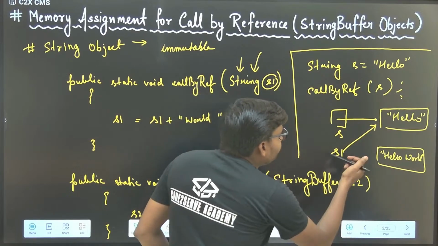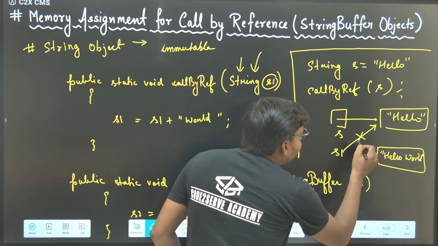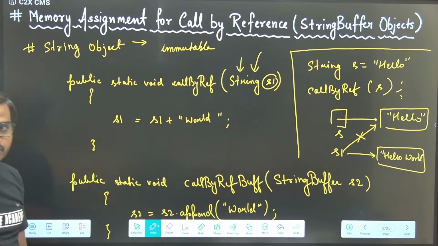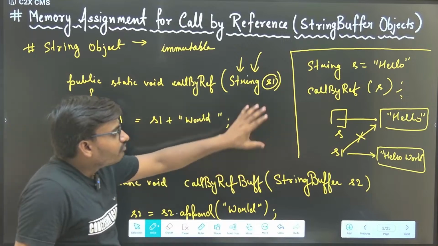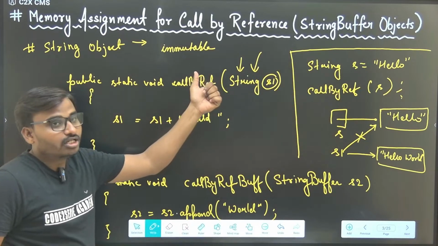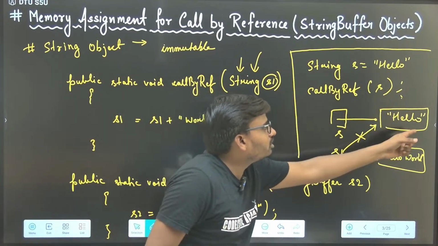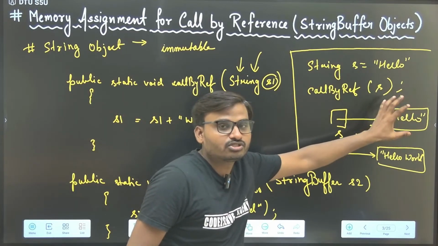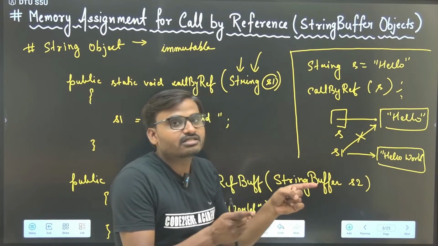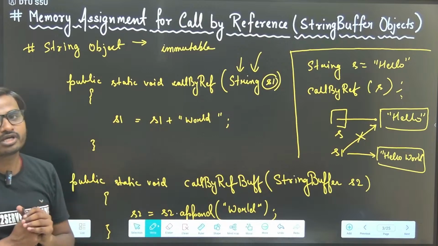So now instead of pointing to this, it will point to a new memory location. That means for string, as it is immutable, you cannot change the actual value. Instead, a new value will be assigned in a new memory location.